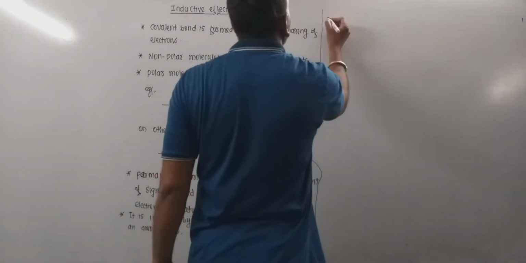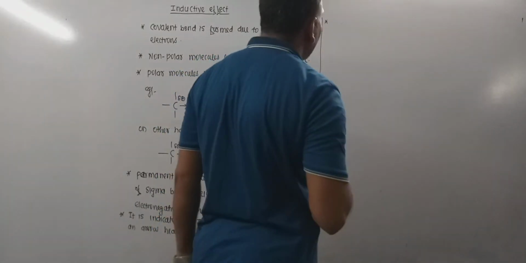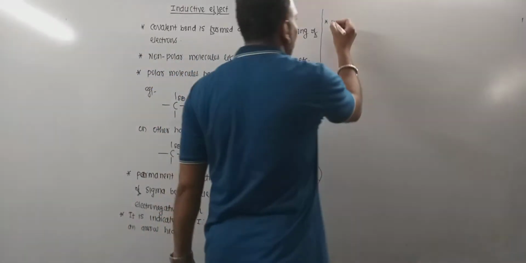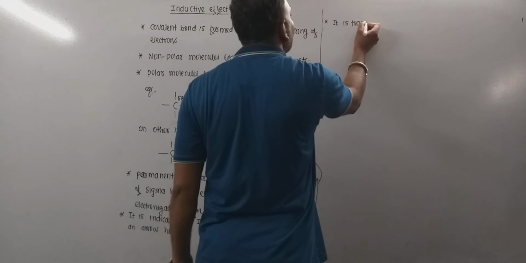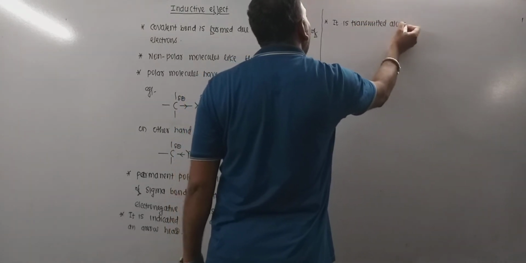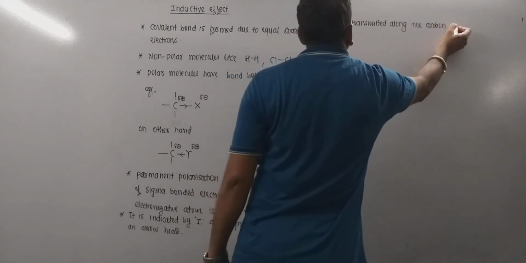Now a very important and crucial thing to be discussed about the inductive effect is that it is transmitted along the carbon chain. Very important thing. It is transmitted along the carbon chain.